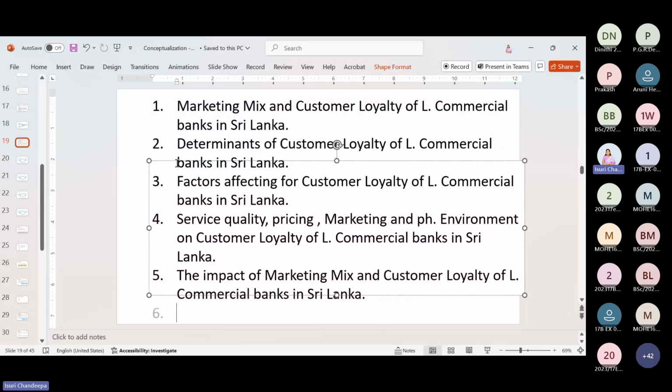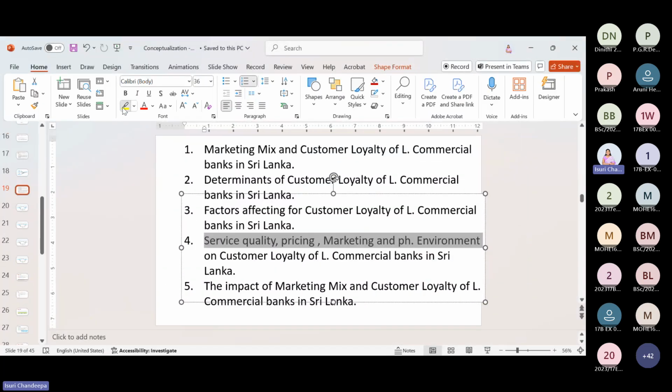So these are the alternative ways, right? Marketing mix and customer loyalty. What this is, we didn't include all of the independent variables in the research topic. Instead of that, we identified the relevant concept for these 4 independent variables. So it is marketing mix, right? Relevant concept is marketing mix.